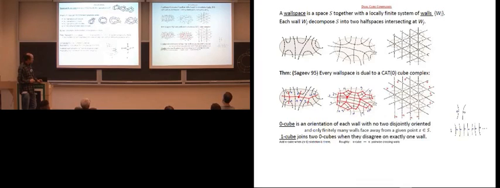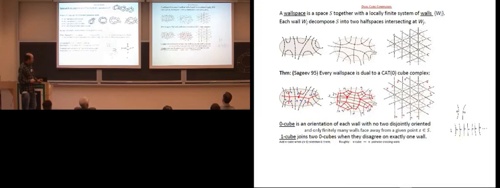Probably this example is the one we should start with, because you're all comfortable with the idea of a tiling and the dual to that tiling. Okay? Because we all love that. So what do you do? You look at the 1-skeleton of the tiling and you kind of remove it, right?